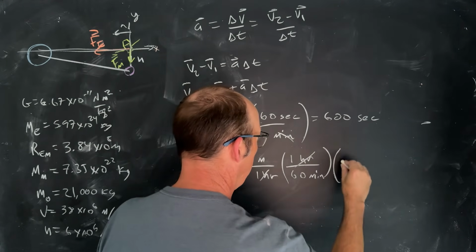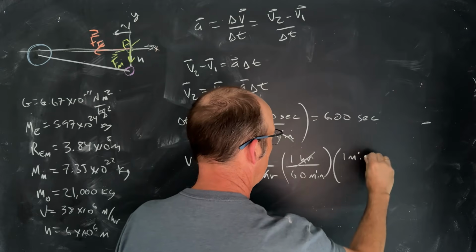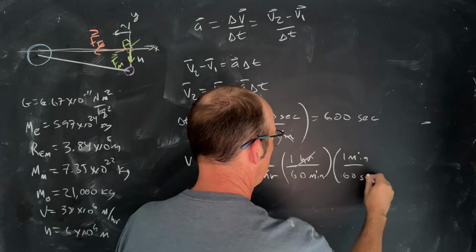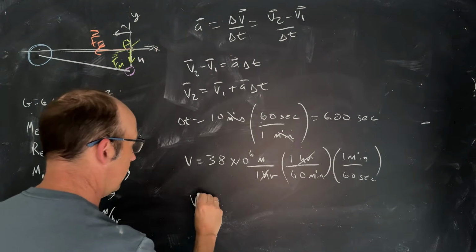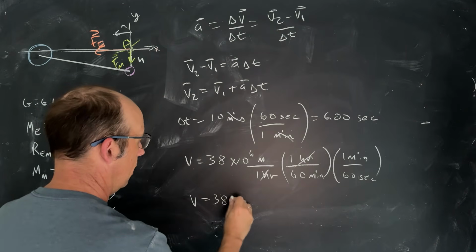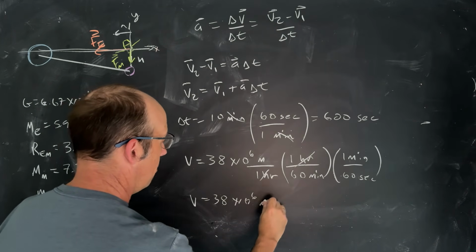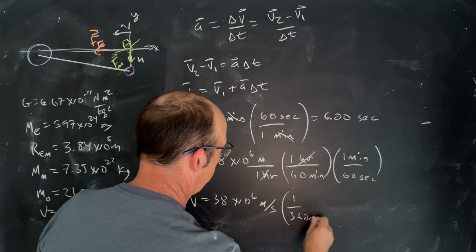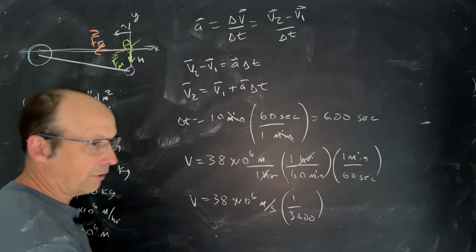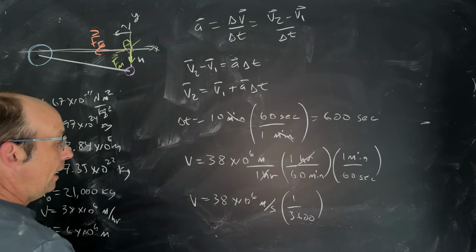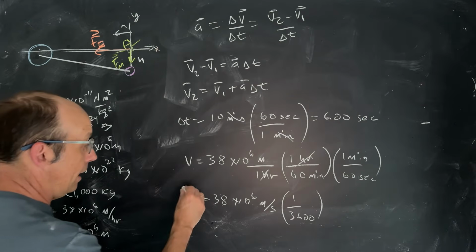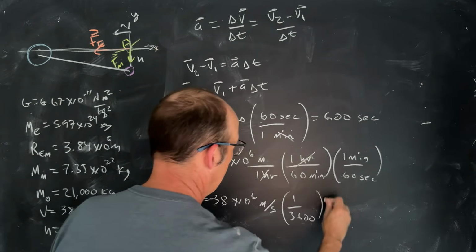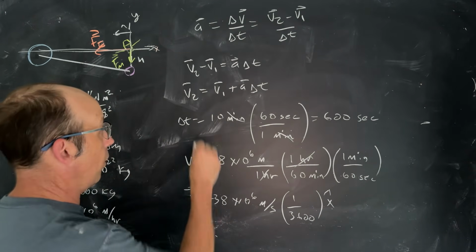And then I can say 1 minute is 60 seconds. So my velocity is going to be 38 times 10 to the 6th meters per second, and I have to divide by 3,600, right? 'Cause 60 times 60. So that's that. And the velocity vector is going to be in the negative x direction. So there's my v1. I want to find v2.